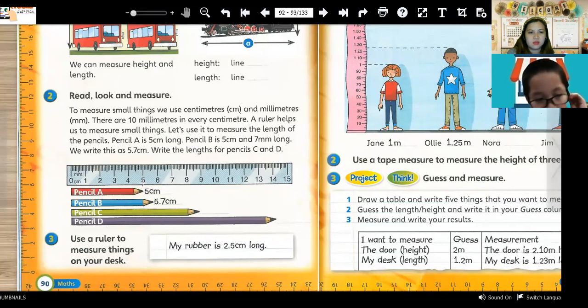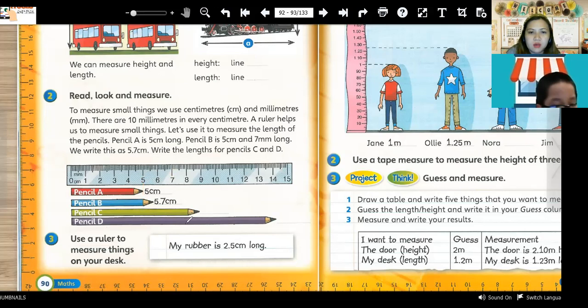Can you see this? Yes, pencil A is 5 centimeters long. How about pencil B? Look, it's 5, and the small ones, this one, B2, this is the millimeter. This is the centimeter. The long ones are the centimeters. The short ones are the millimeters.